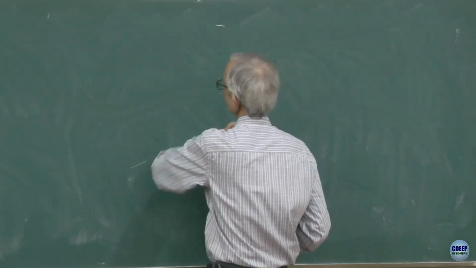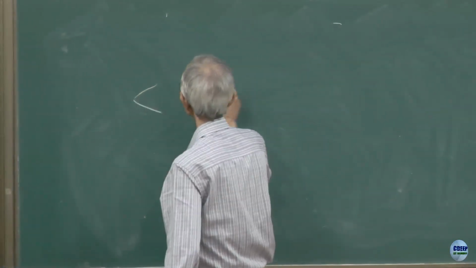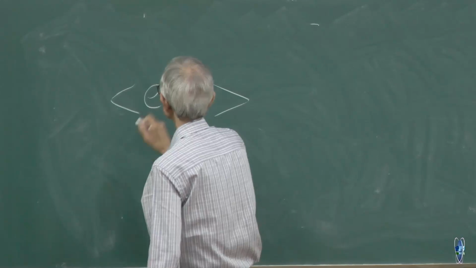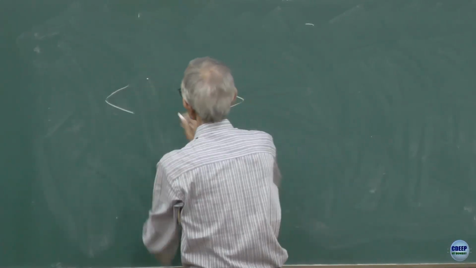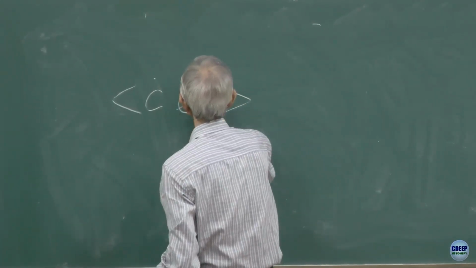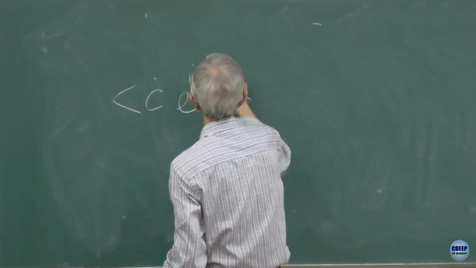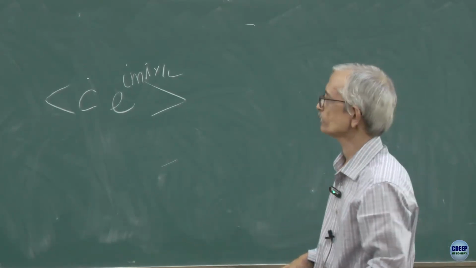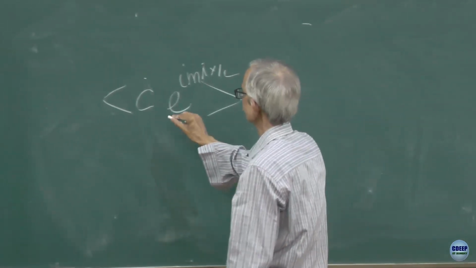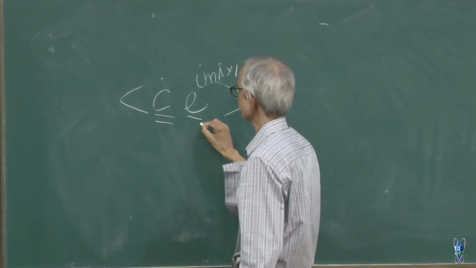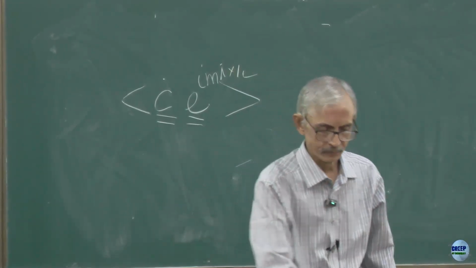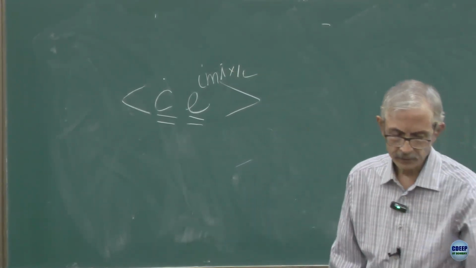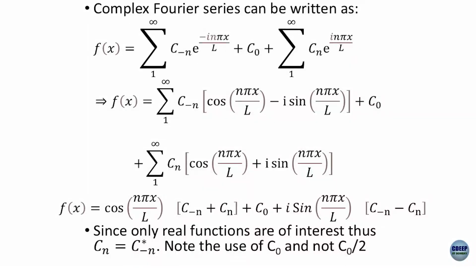All of these are fine, and now what I want is the inner product of some constant c with e to the power of i m pi x by L. Remember that we have got this one here and this one here. What is it that I am going to get from here? What is the inner product of this?